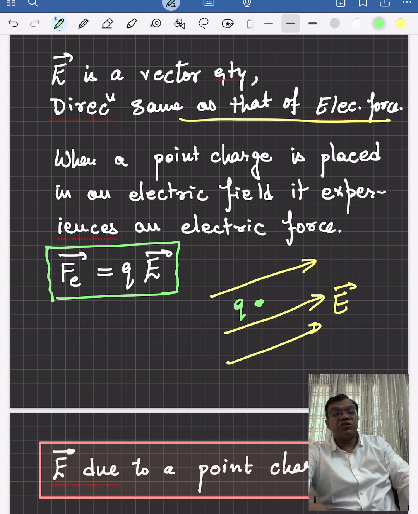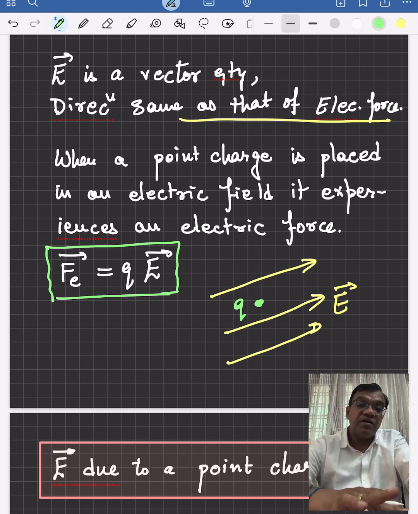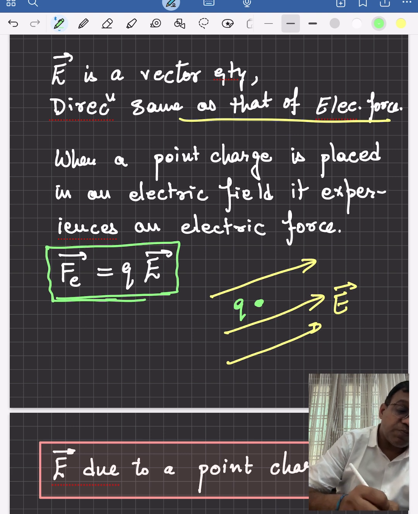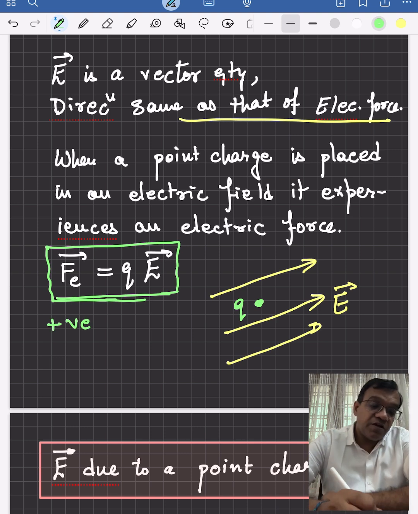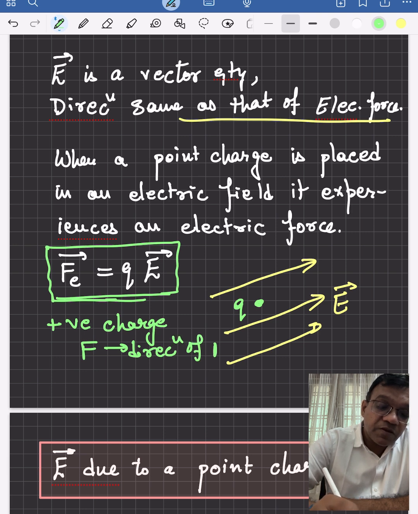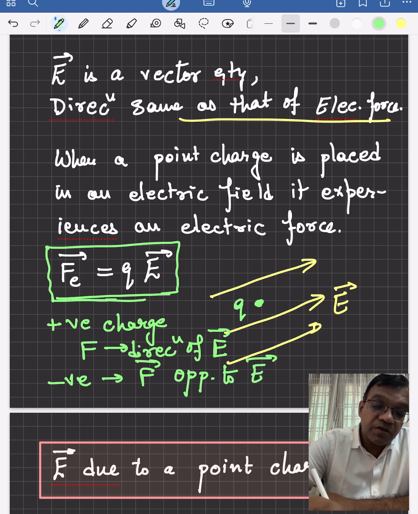When any point charge is placed in an external electric field, it experiences the force F equal to QE. Remember, it is a vector equation. If Q is positive, the force will be in the direction of the electric field. And if it is a negative charge, then the force is opposite to the electric field.